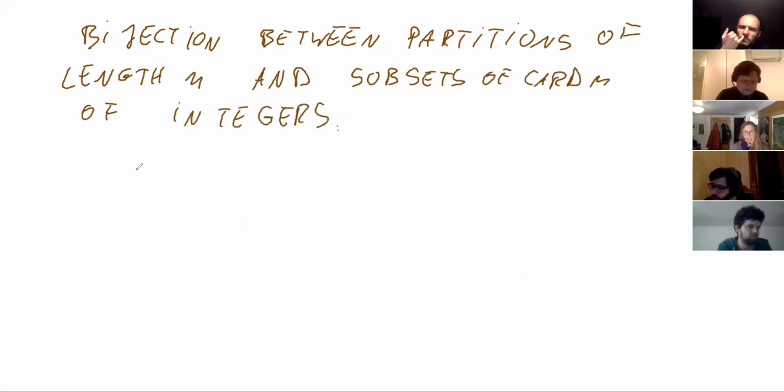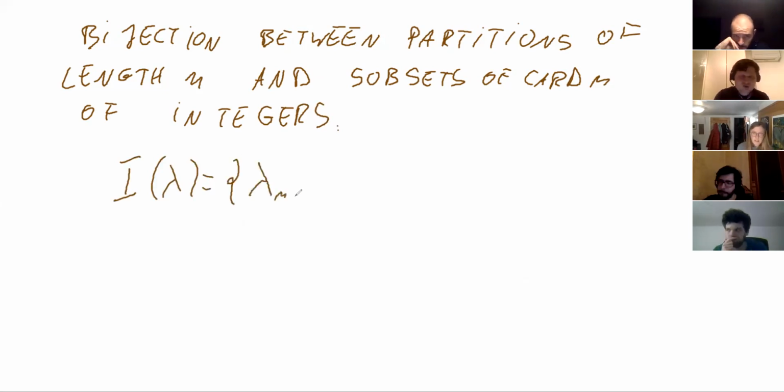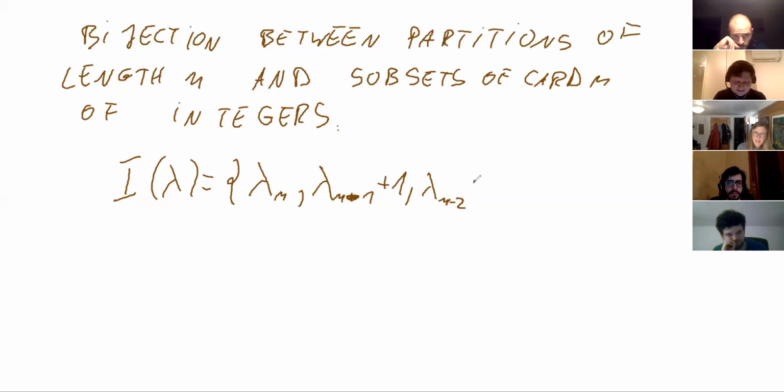And it goes like this. We define I of lambda to be the set where the smallest one we don't change. The next smallest one could have coincided with lambda n, so for it not to coincide, we add 1. Then the next one could have coincided, so for it not to coincide, we add 2, and so on. And for lambda 1, we add n minus 1.